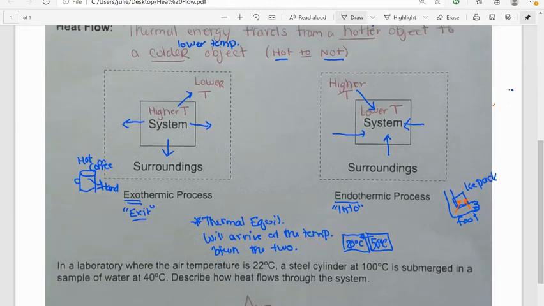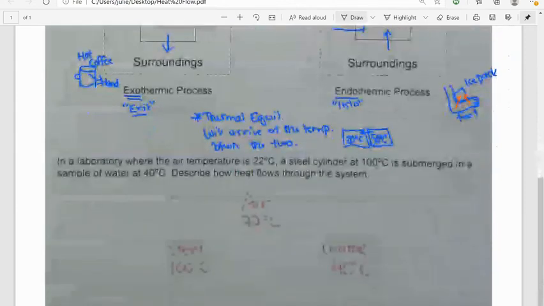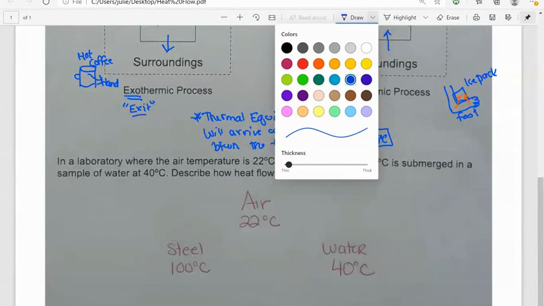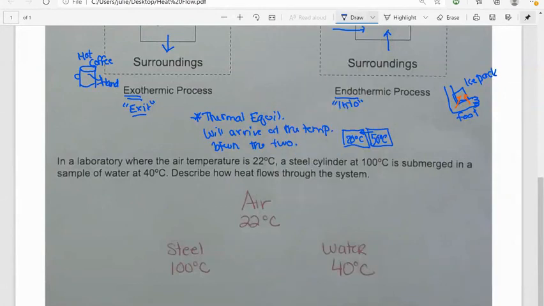All right, the very last part is just a way to picture heat flow and allow you to answer questions when you have more than one material. So in the lab, where air temperature is 22 degrees Celsius, you have a steel cylinder that's submerged into water. The steel cylinder starts off at 100 degrees Celsius and the water's at 40. I like to write these out with their different temperatures, especially if it's a multiple choice question, so that you can go through your options more clearly.